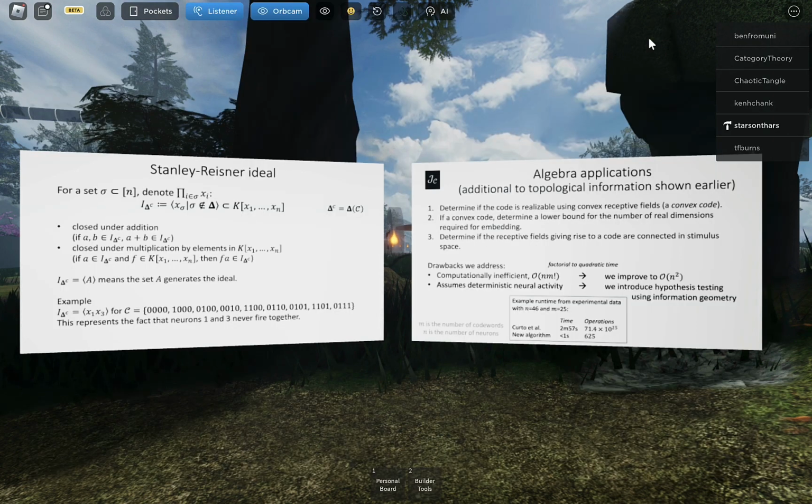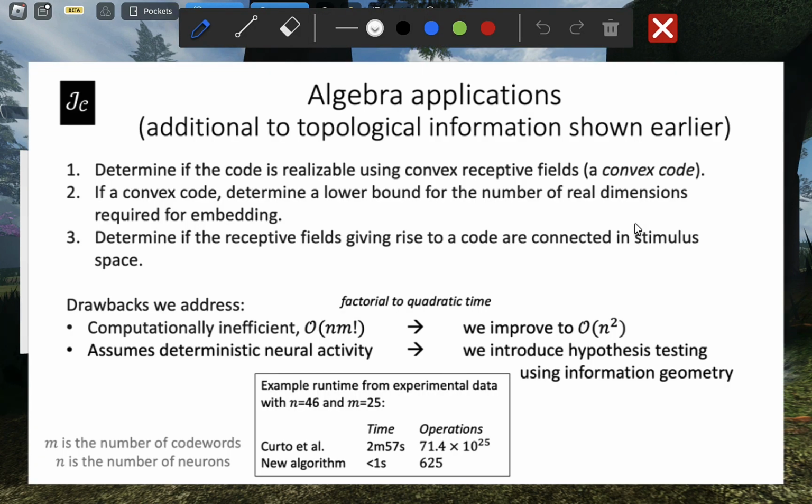So just know that there are other applications, and also that there's this thing called the Stanley-Reisner ideal, which is basically where this comes from. The applications are to get topological and geometric information, and there are two problems with the previous approach. The first drawback is that it's computationally inefficient.